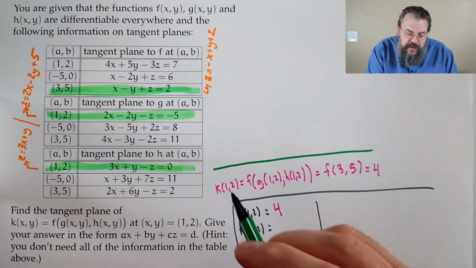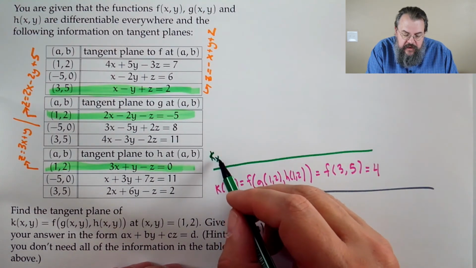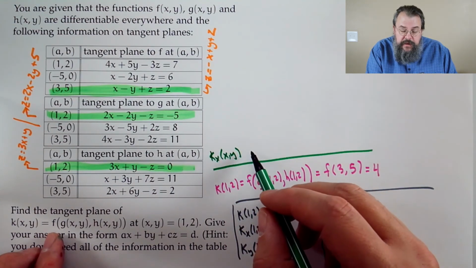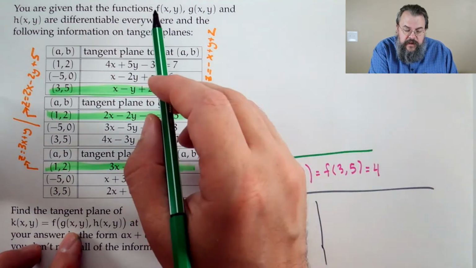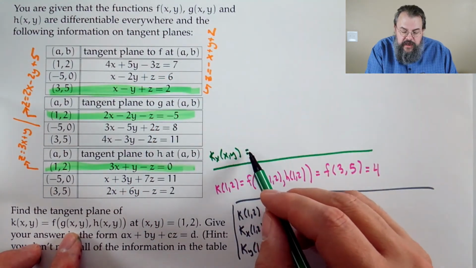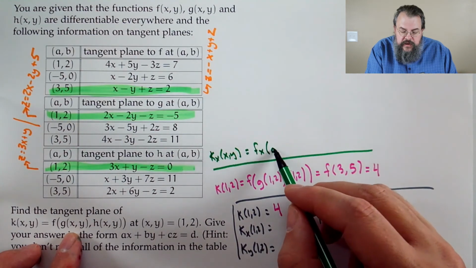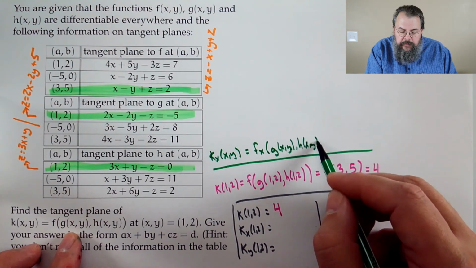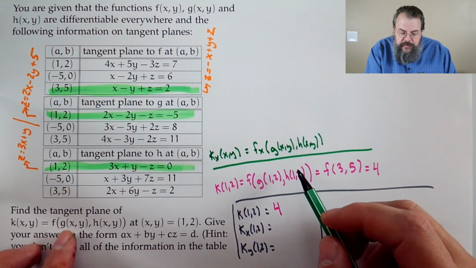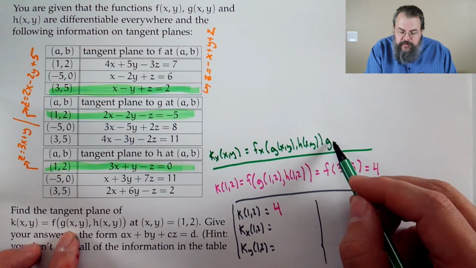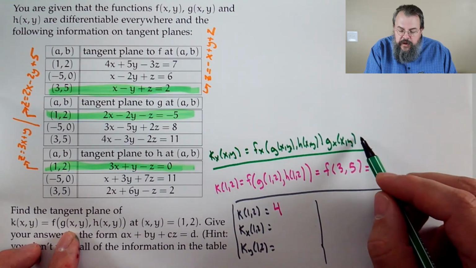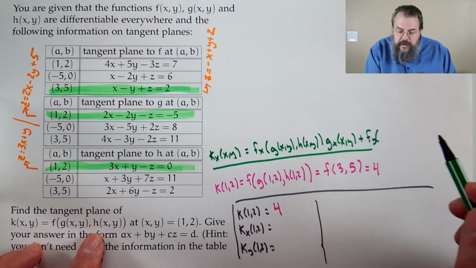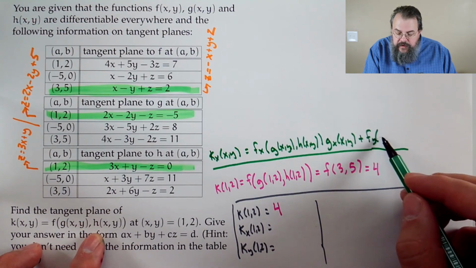So we would say, look, k sub x of x, y will have f sub x, which really means the derivative with respect to the first slot, because we're thinking of f of x, y. So that would be f sub x of g of x, y comma h of x, y times the derivative of the first slot with respect to x, g sub x of x, y, plus, okay, now the second slot, f sub y, and, oh dear, we're going to run out of space.